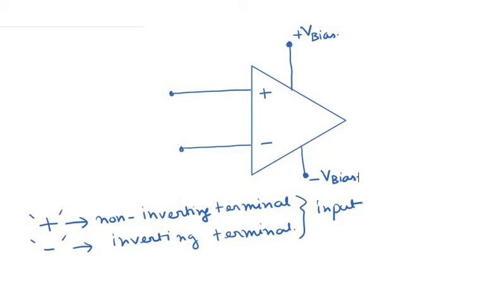Okay, just like we apply a voltage of VCC to the collector of a transistor through a resistor. So here VCC is basically the biasing voltage. Let me draw this diagram here in case you have forgotten.